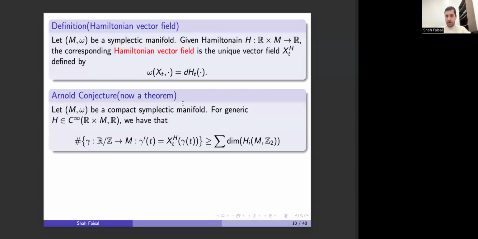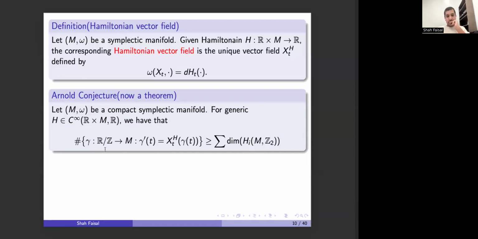If you take a compact symplectic manifold, then there is an open dense subset in C infinity functions such that for any function you count one periodic orbits, and that's at least the sum of the Betti numbers of the manifold.